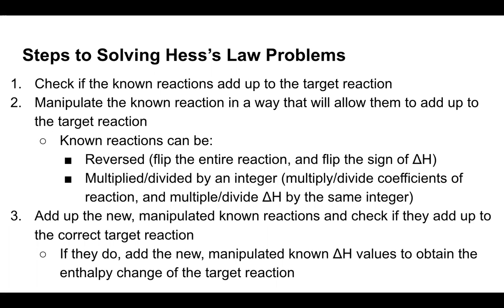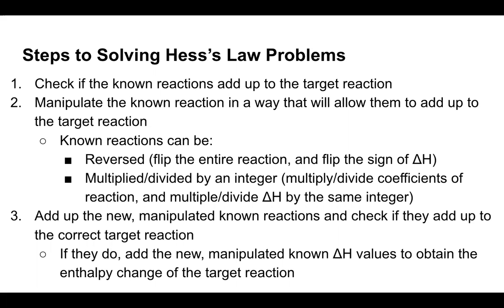And since they most often won't add up to our target reaction right away, we have to do some manipulations to our known reactions to enable them to eventually add up to our target reaction. And so that's step number 2. And so our known reactions can go through a bunch of different types of manipulations.